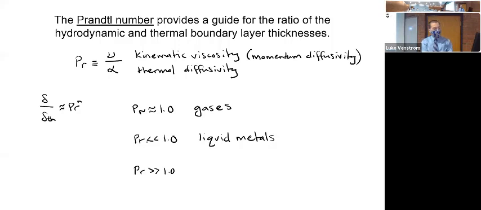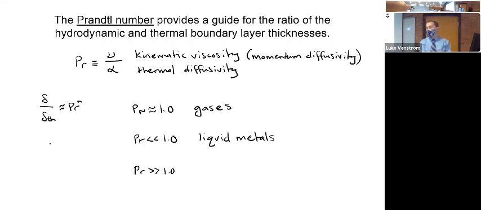So liquid metals with the Prandtl number much, much less than 1, that means that the thermal boundary layer is much thicker than the hydrodynamic one, right? Is that good or bad? Do we want thick thermal boundary layers or thin ones? Thin ones, right? So in liquid metals, the thermal boundary layer is a lot thicker.